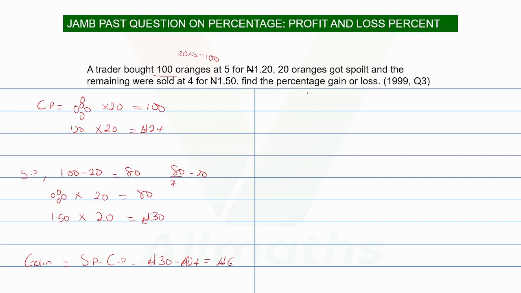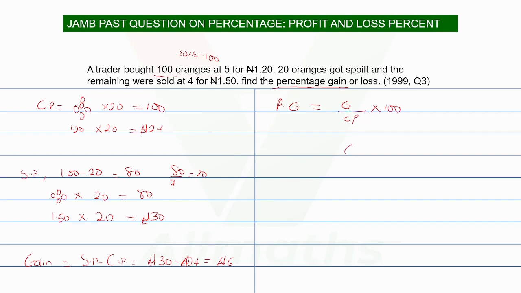Now, we're not interested in just the gain, we have to calculate the percentage gain. So percentage gain, also known as percentage profit, whatever name the question may call it, is the gain, also known as the profit, over the cost price, multiplied by 100.